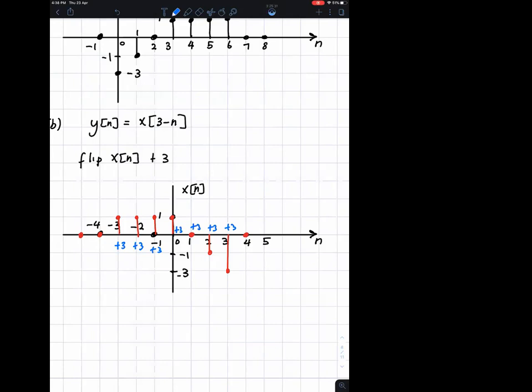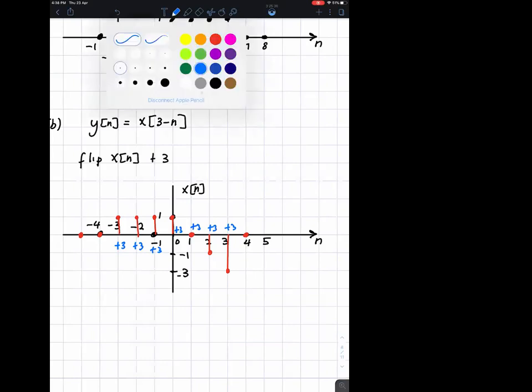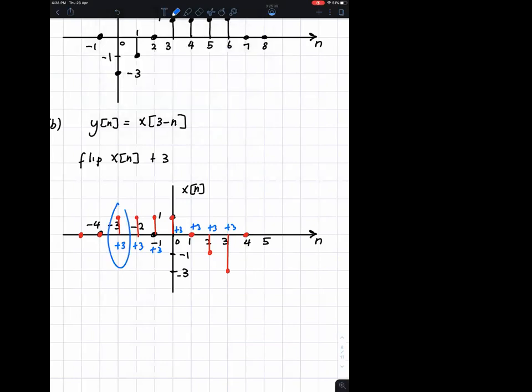So what will happen when you +3? This point here becomes -3 +3 becomes 0. Okay, so that is your starting point, and you can just add 3.